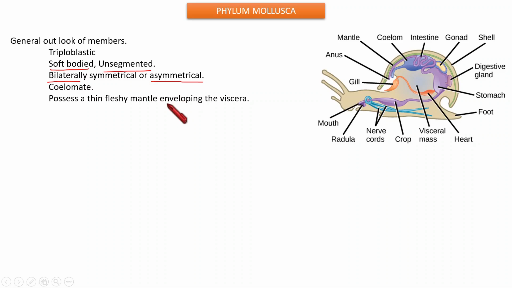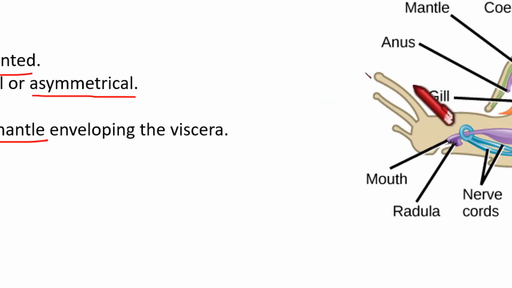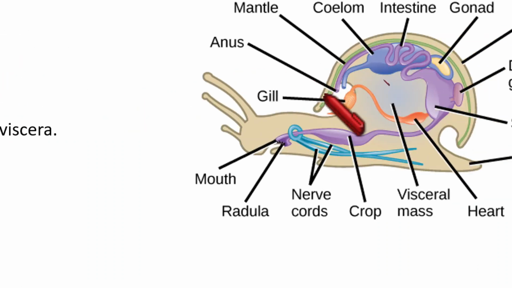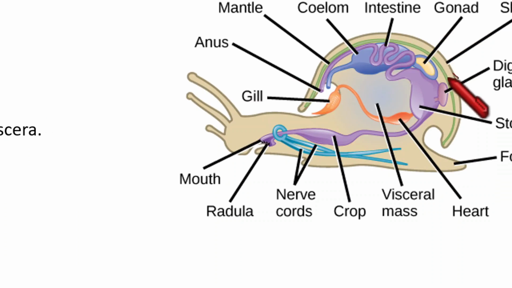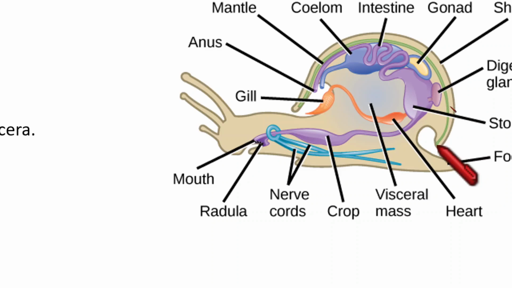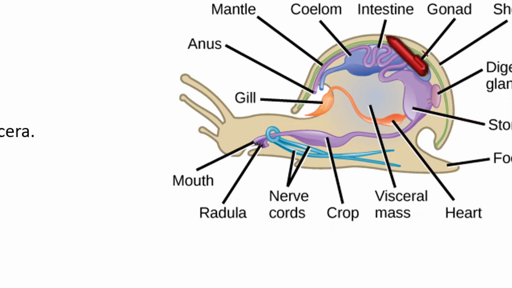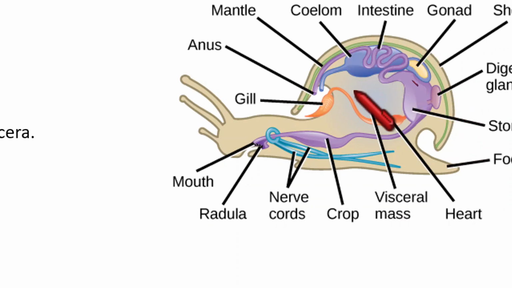And one important, notable, characteristic feature of this phylum is the mantle. It's fleshy. What is this mantle? I will show you closer. In this picture, that green portion is the mantle. It is a layer, just like a wrap, that is wrapping around the soft visceral body part.